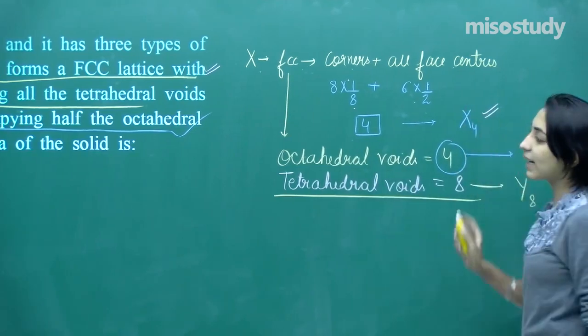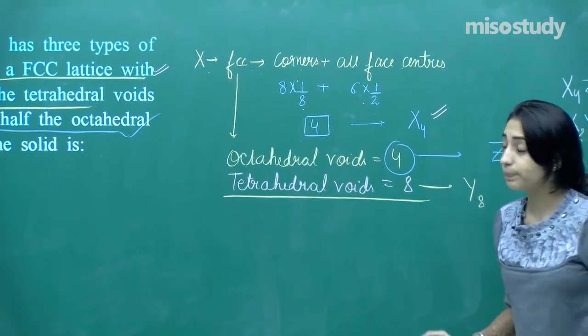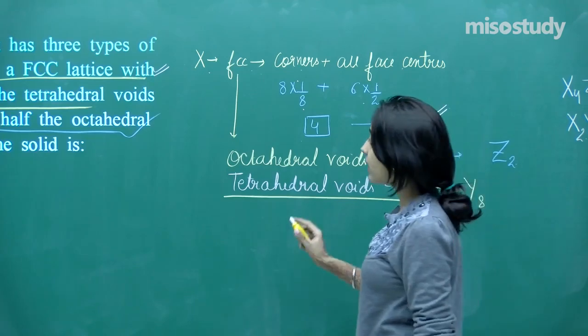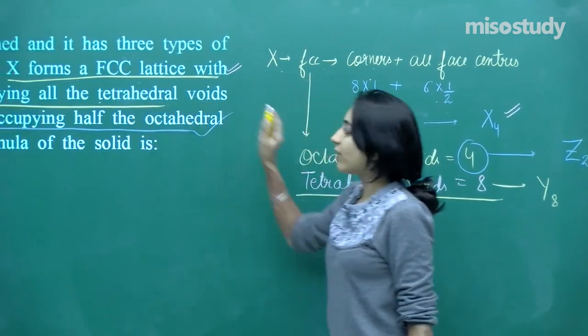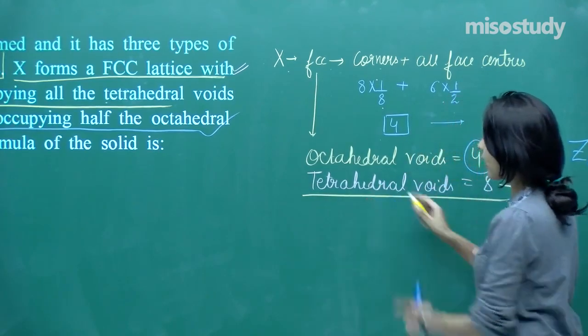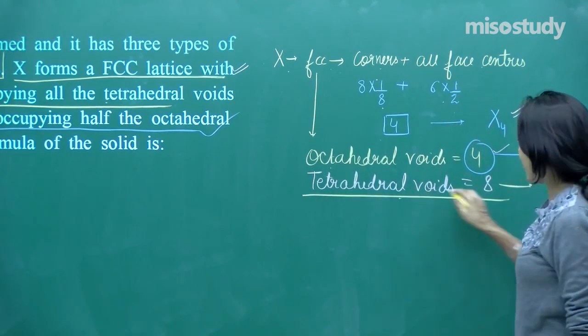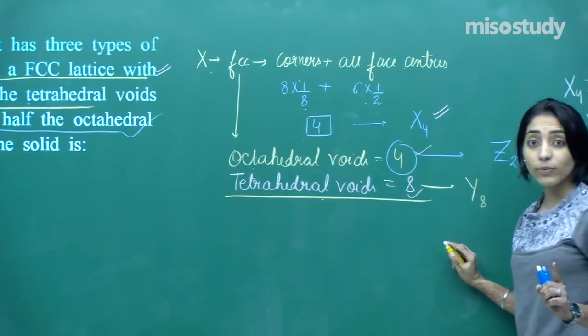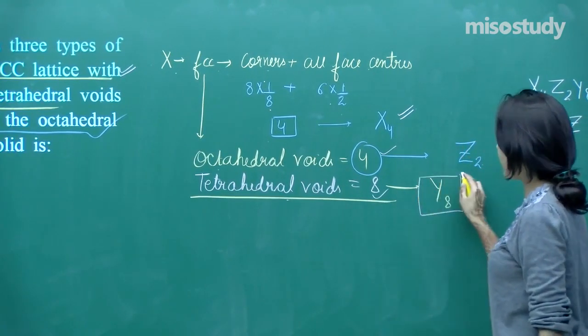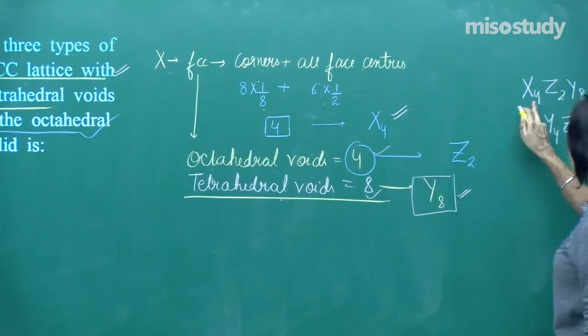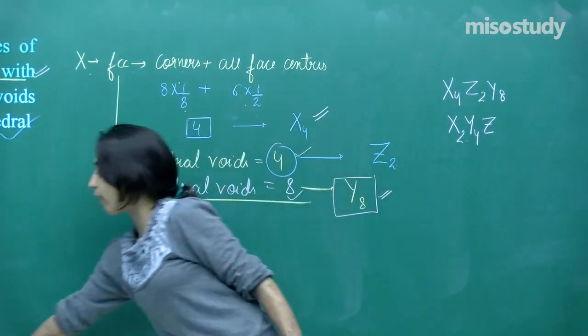So we finally get the value of X as 4. Now moving further, we have Y atoms occupying all the tetrahedral voids. If octahedral voids will be 4, tetrahedral will be 8. And if Y atoms are there in all the tetrahedral voids, it should be Y8. This is also confirmed.